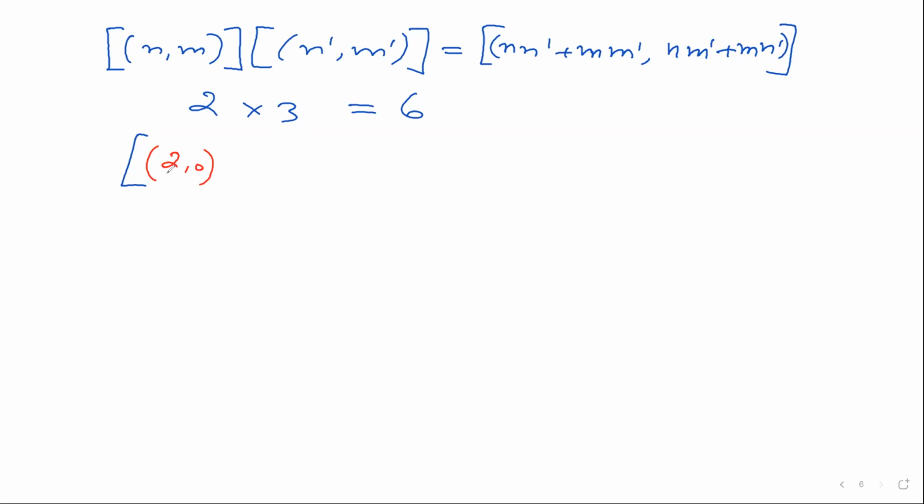And this will be 3, 0. Well, we could take 4, 1 and so on, but this is the simplest one. What is that according to this? This is n prime, m prime. It will become n prime 6 plus m prime 0.